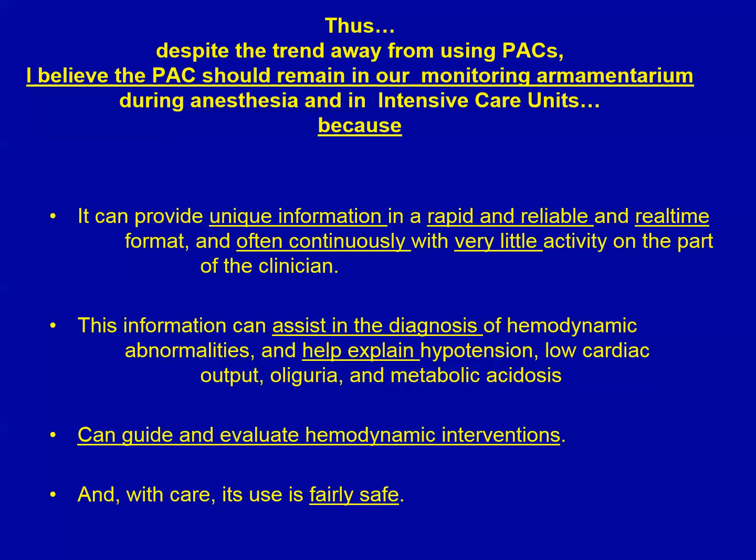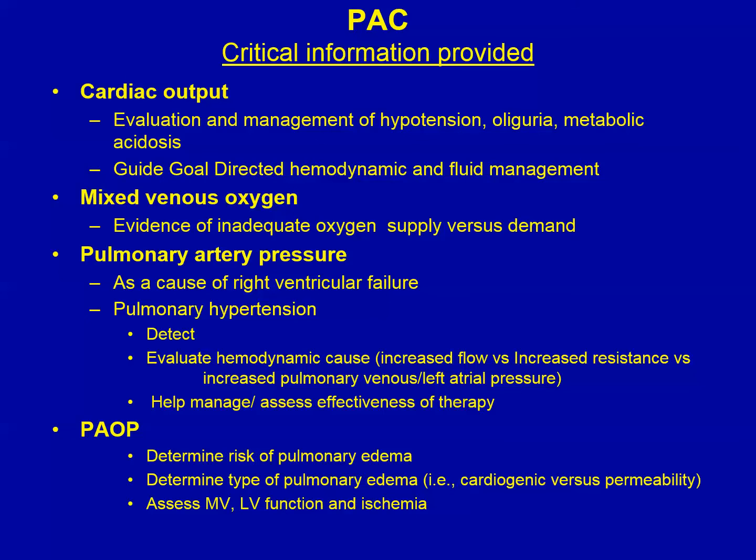This information can assist with the diagnosis and help explain abnormalities. It can guide and evaluate hemodynamic therapy, and with care, its use is fairly safe. As I've mentioned earlier, this is a list of the information that we can get from a pulmonary artery catheter and how it can help us manage patients.